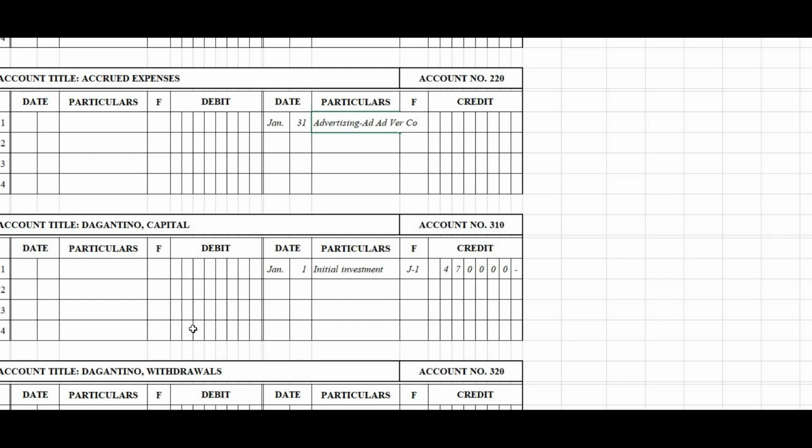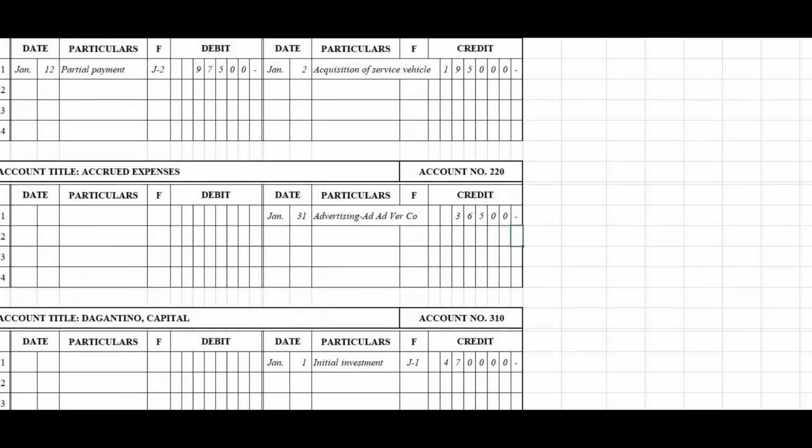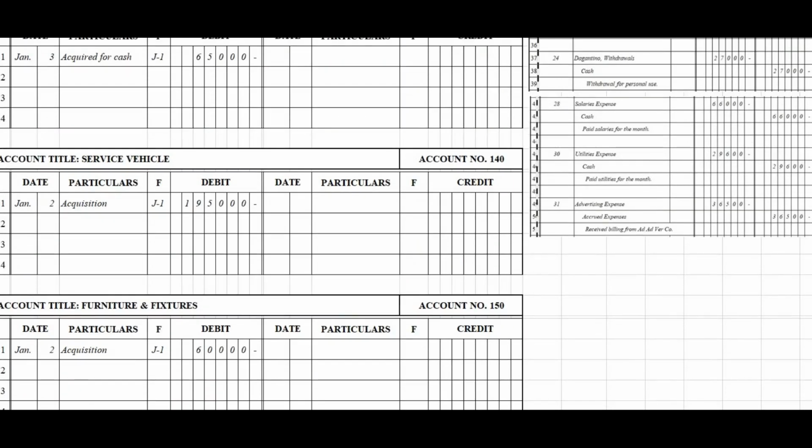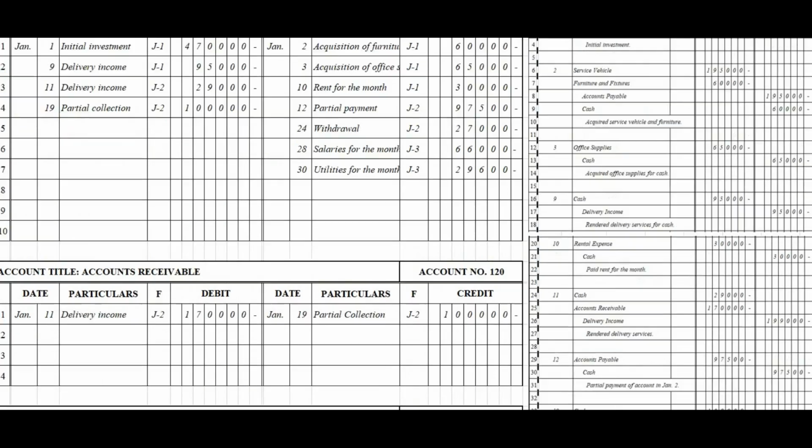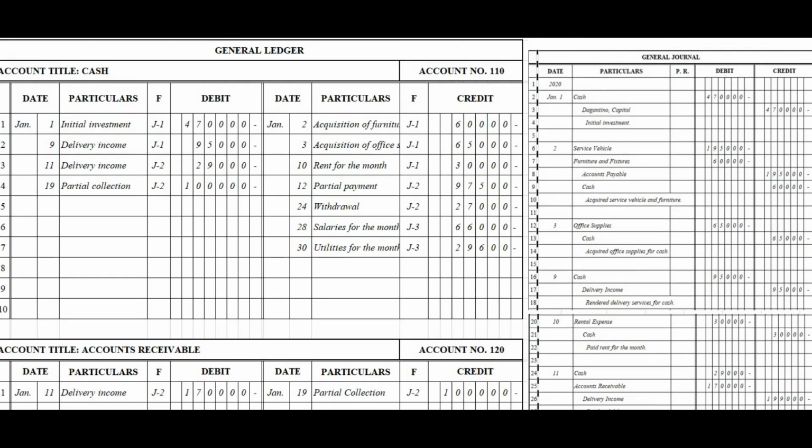So, you have 36,500. Okay, so there you go. Natapos na nating i-post lahat ng mga transactions. So, the next thing that you have to do is, pwede na tayong gumawa ng trial balance.